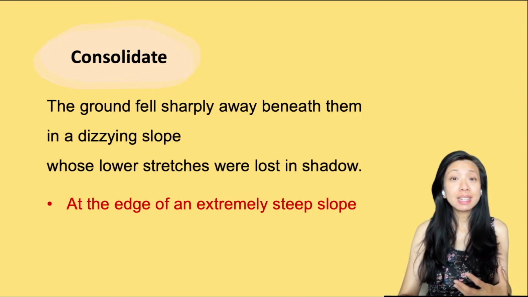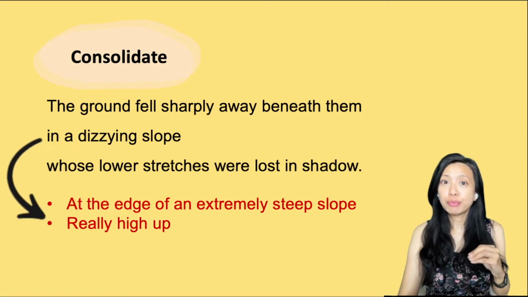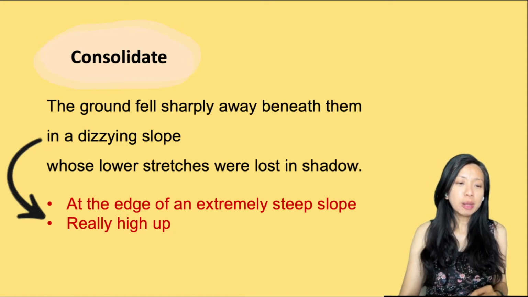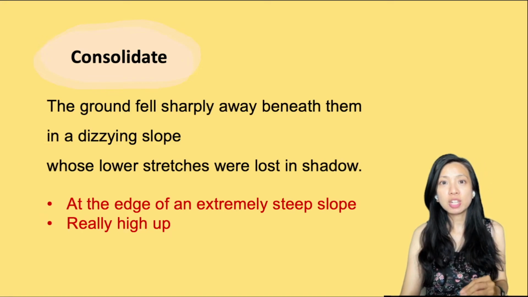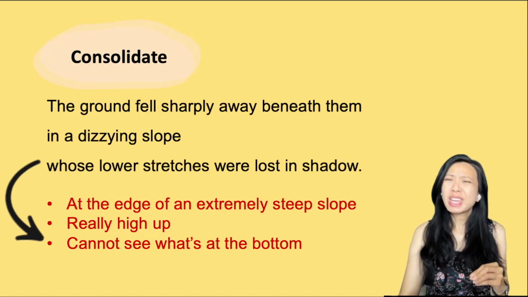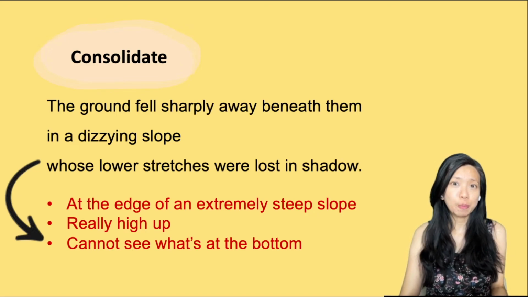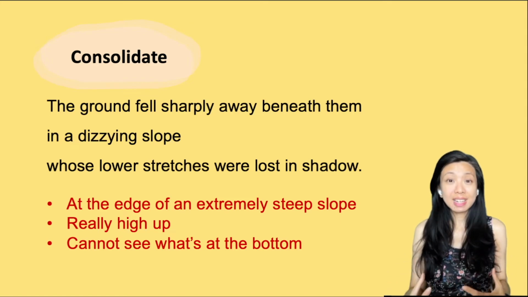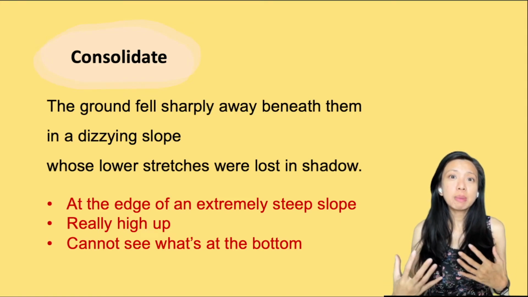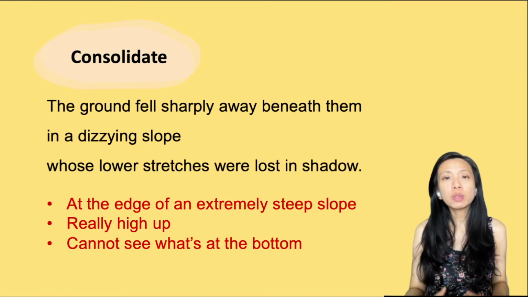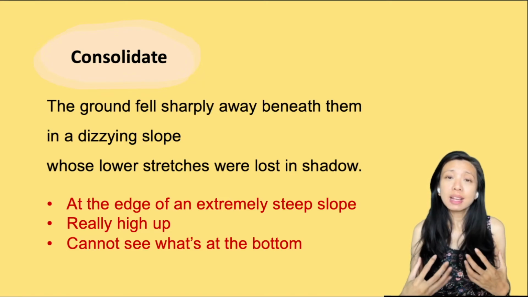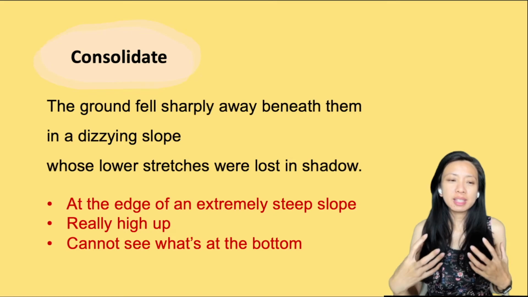The second part, in a dizzying slope, tells us that they are really, really high up. And the third part, whose lower stretches were lost in shadow, tells us that we cannot see what's at the bottom of the cliff or this very steep slope. So see, once we break the sentence up into different parts, it makes it easier for us to understand what the writer is trying to tell us, and also kind of helps us to picture the sentence a little bit more easily.